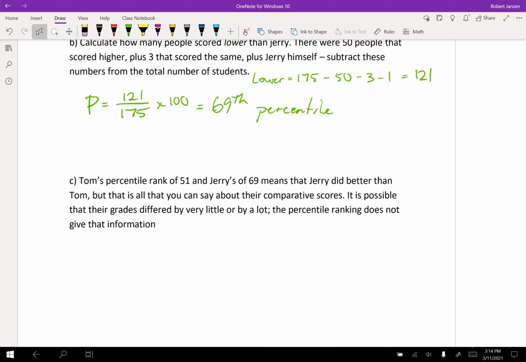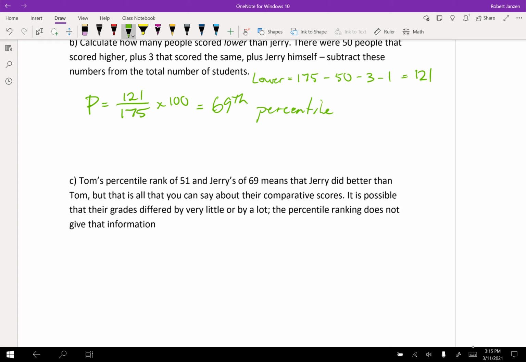Okay, Tom's percentile rank of 51 and Jerry's of 69 mean that Jerry did better than Tom. But that is all that you can say about their comparative scores. It is possible that their grades differed by very little or by a lot. The percentile ranking does not give you this information. All we can say about their test scores is that Jerry scored higher, right?